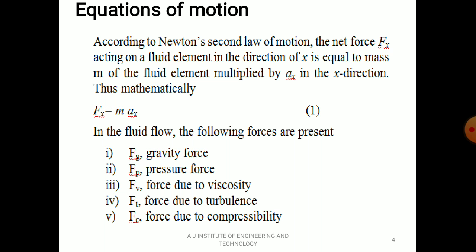Then force due to viscosity, that is Fv. If the fluid has some viscosity, we get the force due to viscosity. Then force due to turbulence. If the flow is not laminar, we get force due to turbulence, that is Ft. Then force due to compressibility, Fc. If the fluid is compressible, we get force due to compressibility.